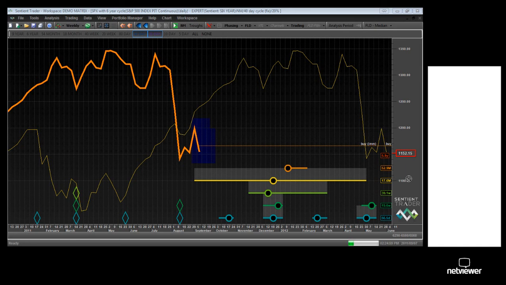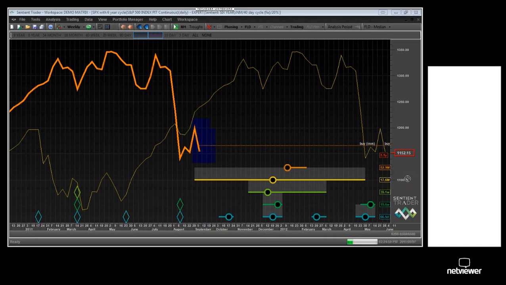All right, so I mentioned that there are three pieces of information that we use when price crosses the FLD. So let's have a look at them. Here is the crossing point. Price has crossed the FLD at that point over there.